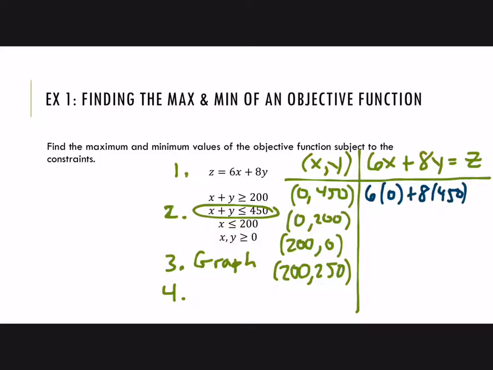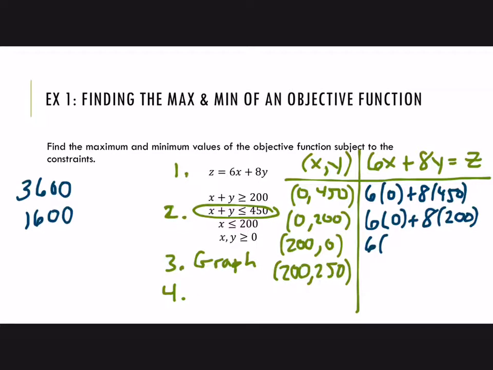I'm running out of room, so I'll write this over on the left. Okay, so 8 times 450, that's 3,600. Okay, and then, here we go, 200 for y, that gives 1,600.